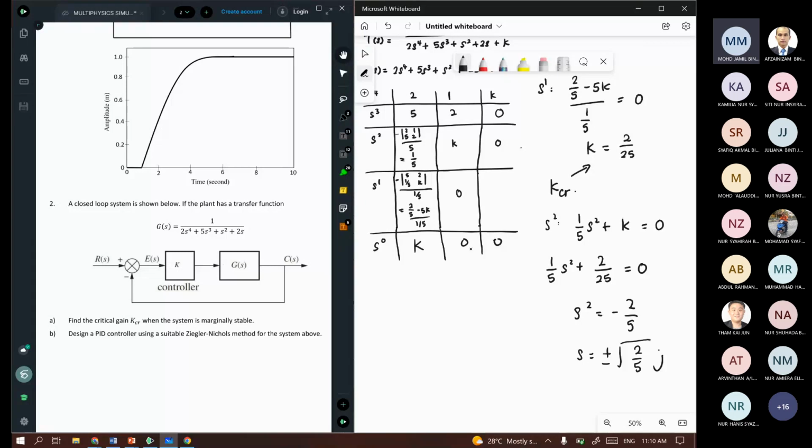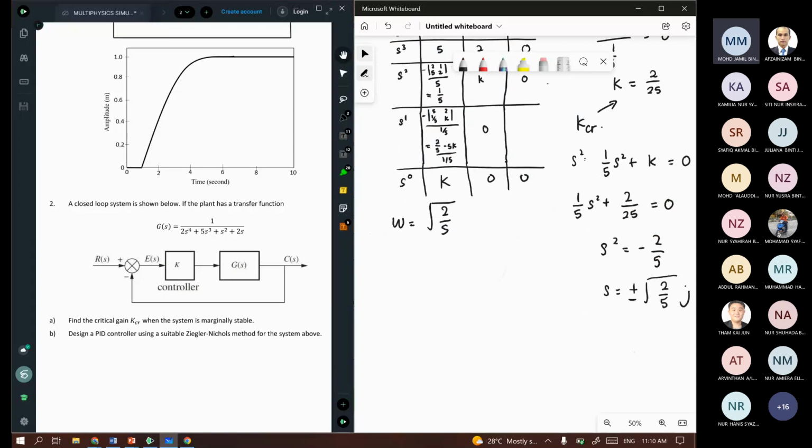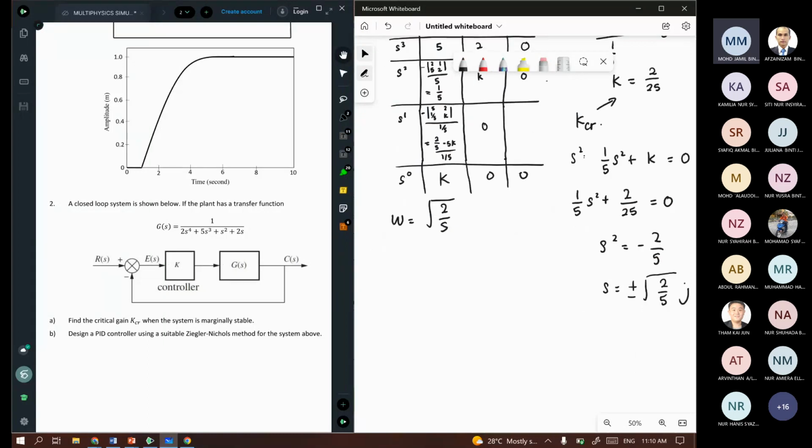Okay, so we get the frequency equals square root 2/5. So to get the period, the critical period, it's simply 2 pi over omega. Or you can use a calculator.